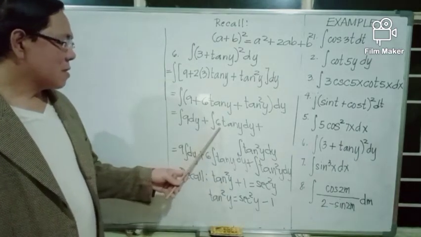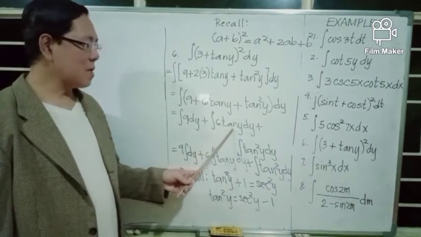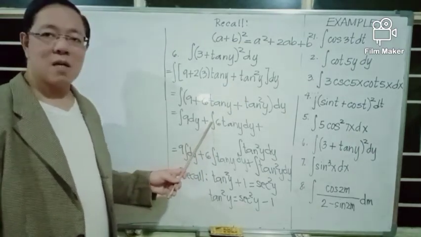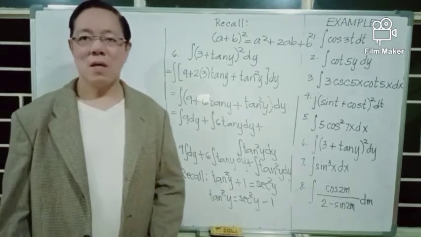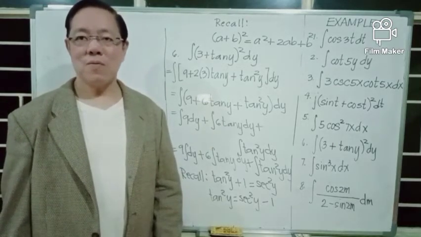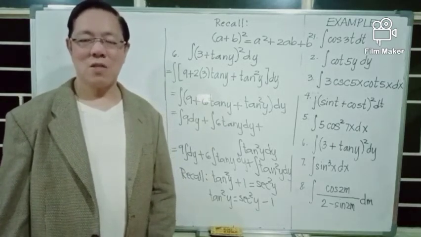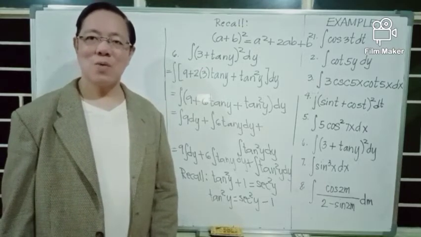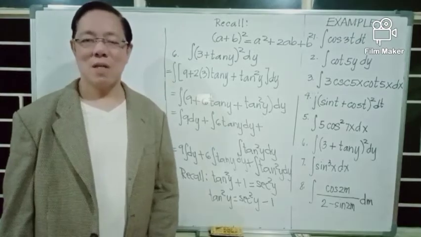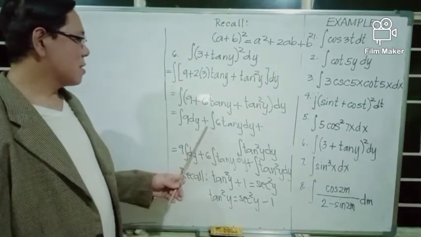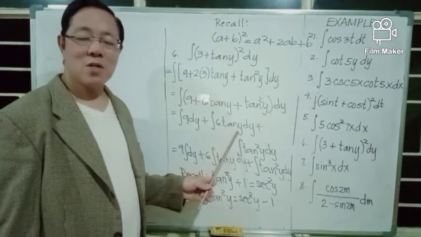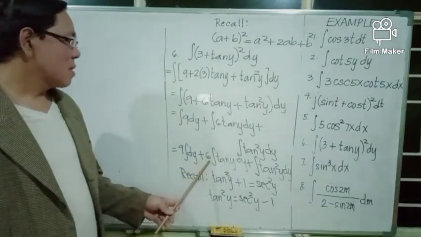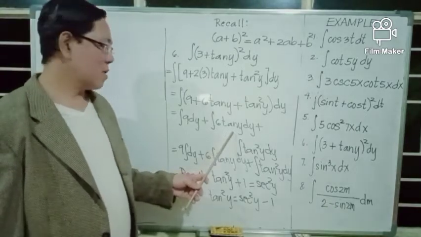Now we can take 6 out of the integrand and write 6 in front of the integral sign, by using the integration rule for the integral of a product of a constant and a function. That says the integral of a constant times a function is equal to the constant times the integral of the function. Hence, the integral of 6 times tangent y with respect to y is equal to 6 times the integral of tangent y.